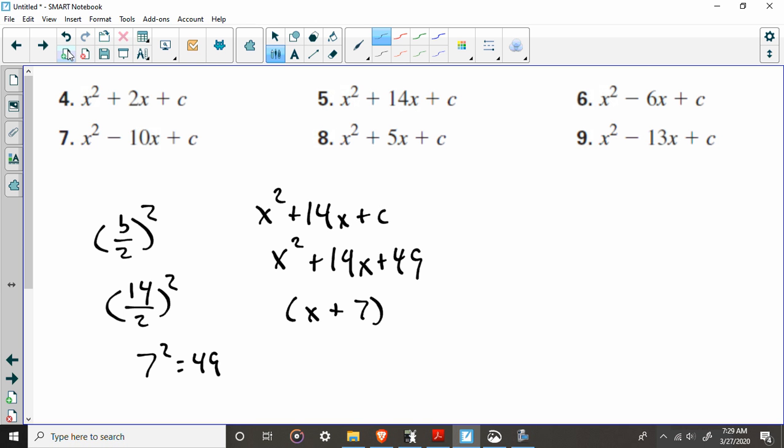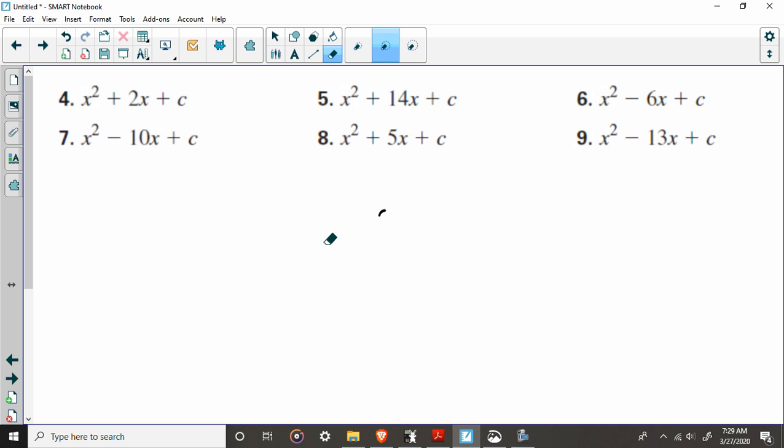I am going to show you guys an occasion where this is not going to work very well. So say we took a look at number 8. X squared plus 5x plus c.